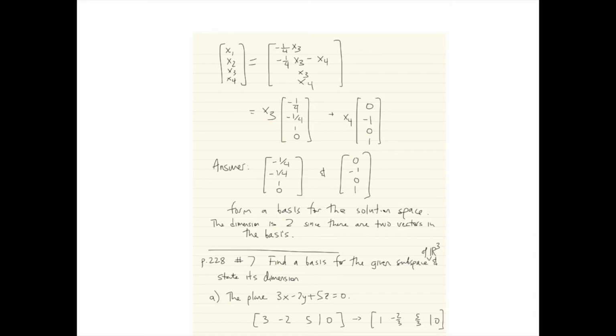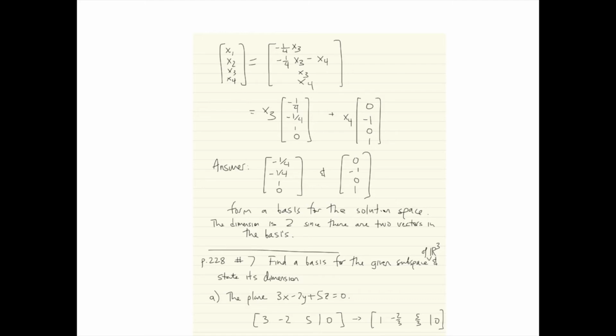So remember, x3 and x4 are the free variables, and so then these two column vectors here will form the basis for the solution space, because any linear combination of them, namely this linear combination given by x3 and x4 as the coefficients, will give rise to a solution.